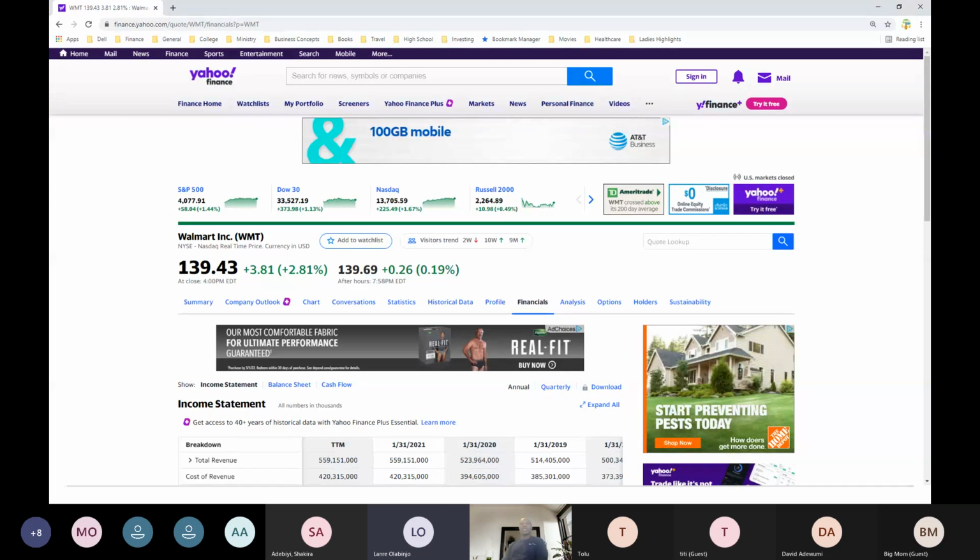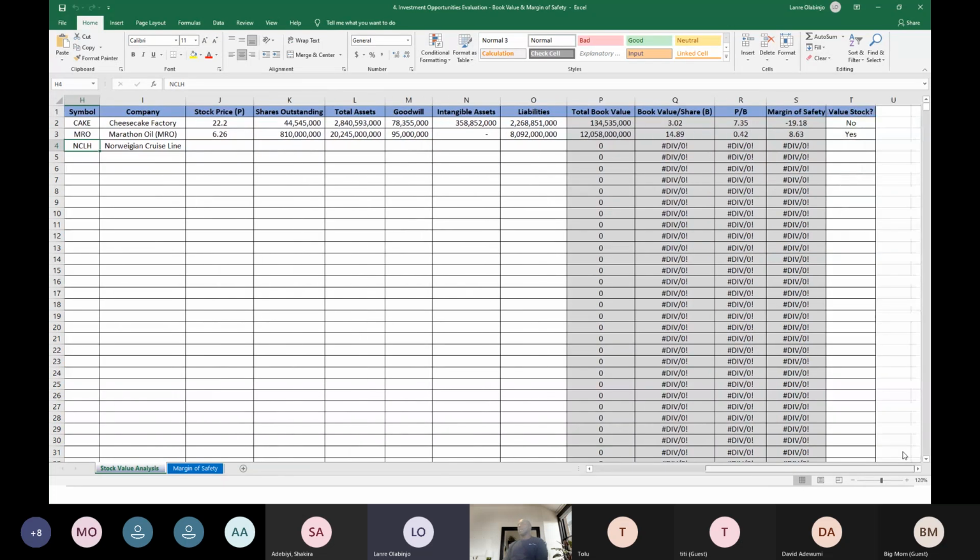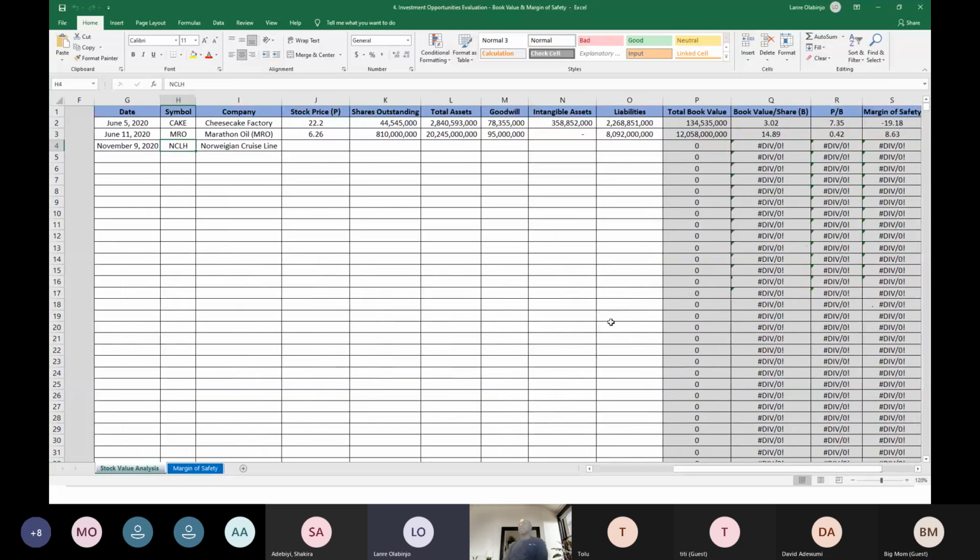So what I've done with this spreadsheet is, you see what I did here, kind of coming down, I've made it to be one line. Okay, you can see the example that I did for Cheesecake. If you just simply put the current price here, look at their shares outstanding, put it there, total assets, goodwill, intangible assets, liabilities, the template will calculate the book value for you.